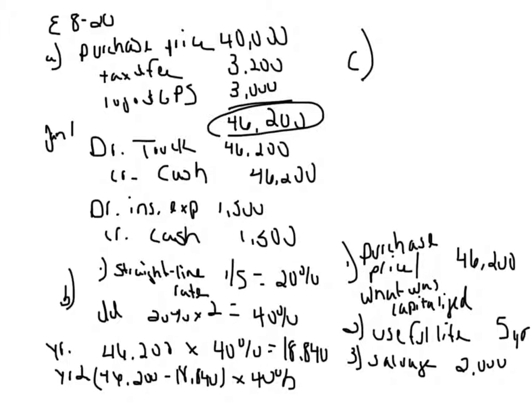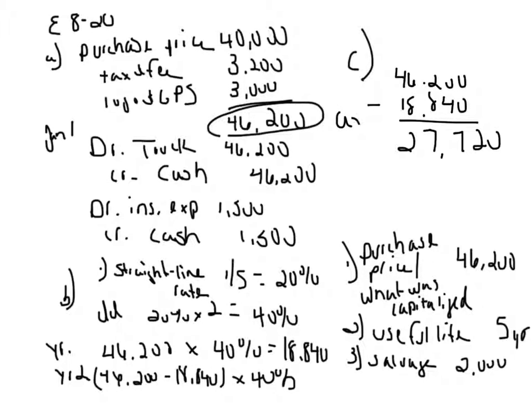So you're going to take the 46,200 minus the 18,840, and you should get 27,720, I think. Hopefully that works out right. And we'd call that, it's an asset, we'd say equipment, net. Okay, so that's the double declining balance.